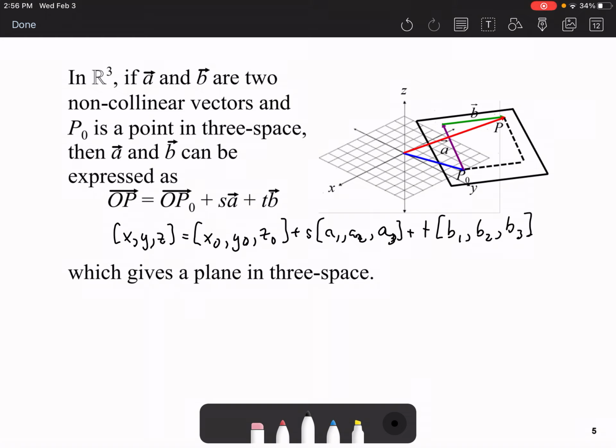What you notice is this looks like the vector form of a line, except for one extra dimension. This is the vector form of a plane.